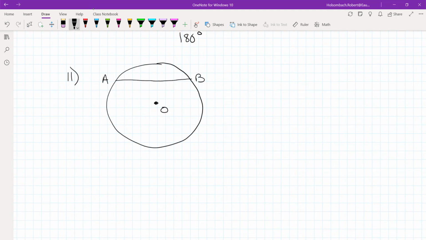We got a segment from O that intersects AB at 90 degrees. And they intersect at point C. And then we got a radius that connects O to B. The radius of circle O is 28. So that means that from O to B is 28. O to C is 13. Find AB.